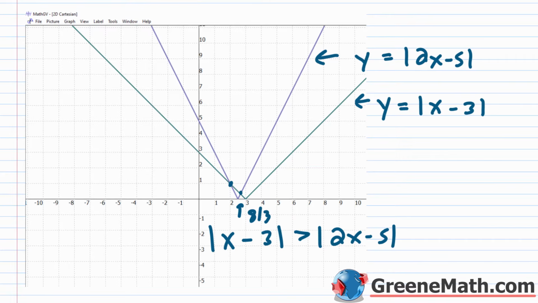So you can see that this piece right here, between this 2 and 8/3, it's actually going to be above the purple graph, where it has a higher y value or function value for those given x values. So that is true where x is greater than 2 and less than 8/3. Again, at 2 and 8/3, they're equal. So this is a strict inequality, so you have to use strict inequalities here. So that's how you could get your solution graphically.